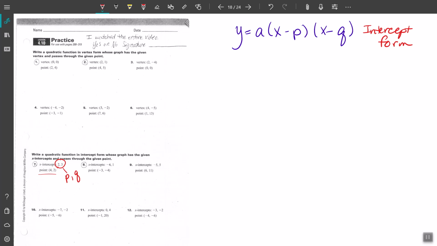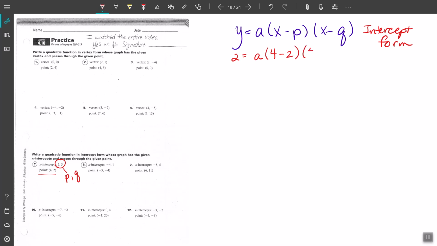All right, so again, we're going to plug into intercept form the things that we know. We know 1 point on the line, 4, 2, so we're going to put the 2 in for the y and the 4 in for the x. We do not know a again in this set of information. They haven't given us that, so we're going to have to calculate that. We do have both intercepts, so we're going to plug in the one intercept here.